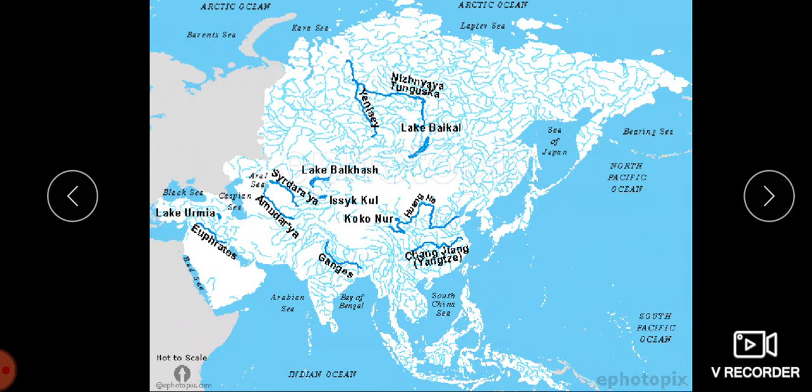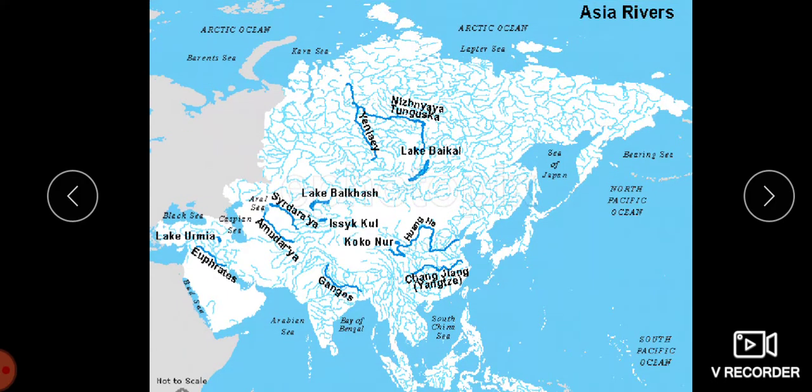The Sittang, Salween and Irrawaddy of Myanmar flow towards the Bay of Bengal.